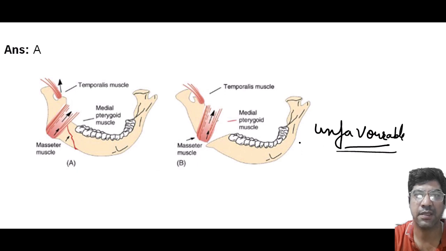In this, the fracture line runs from the lower border of the mandible in an upward and forward direction, meeting the upper border of the mandible. So that is your answer of choice.